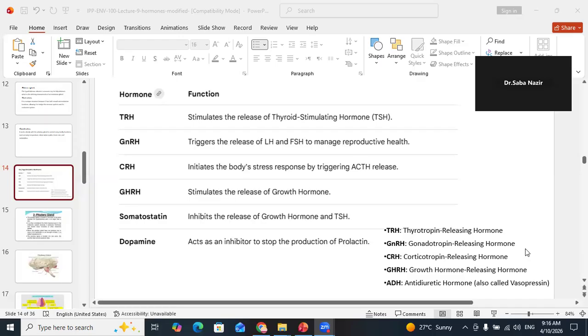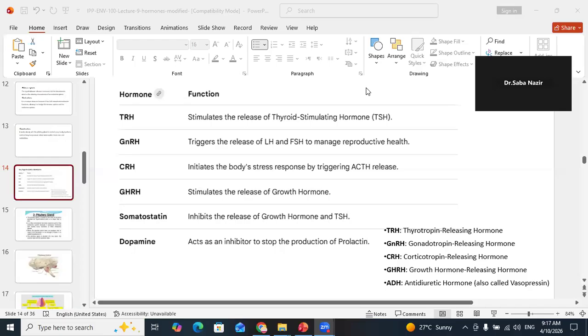Then the next one is dopamine. Previously, we discussed dopamine as a neurotransmitter. Here we are discussing dopamine as a hormone. So dopamine acts as an inhibitor and stops the production of prolactin. Prolactin is basically a hormone released from the pituitary gland. It causes the formation of milk from the mammary gland.